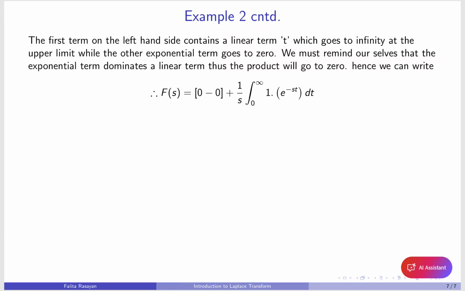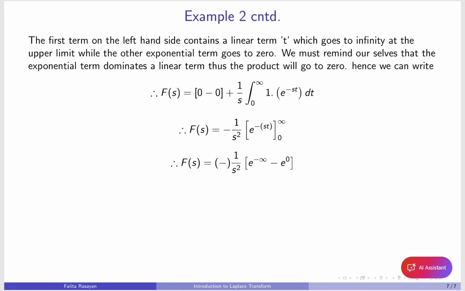Hence we can write F(s) = 0 minus 0, where the upper limit is 0 and the lower limit is obviously 0, plus 1/s times the integral from 0 to infinity of 1 into e^(-st) dt. Again integrating, we have F(s) = -(1/s²) e^(-st) from 0 to infinity.